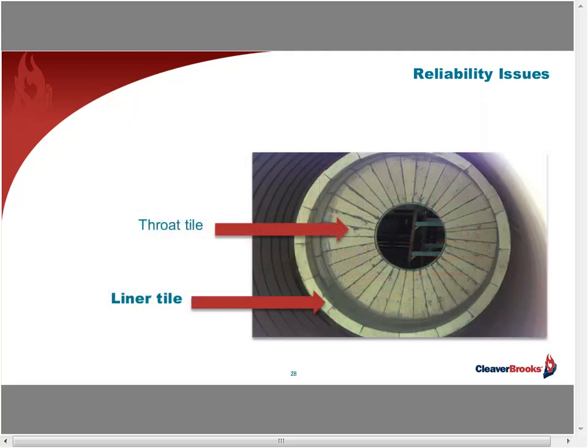Now, another reliability impact area is the insulating refractory in the boiler's furnace area, starting with the burner throat tile and then the oven liner. The problem is, if this throat and tile begin to crack and fall apart, it can cause combustion problems. And if the liner is compromised, well, possible overheating of the furnace, all leading to excessive downtime for repair and then expensive component replacement.